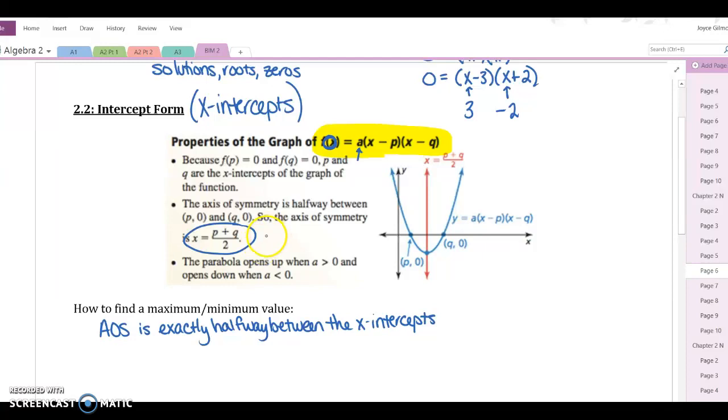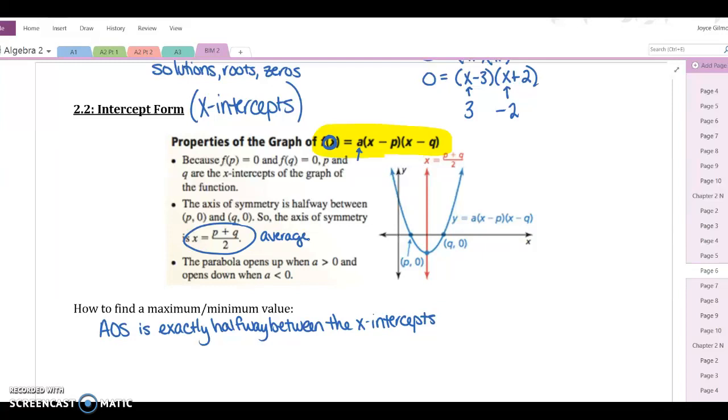That formula is really just finding the average of the two x-intercepts. Add the two numbers together and divide by the number of numbers. So you could do p plus q, figure out what that is, and divide by 2. The more common method is put a finger on each x-intercept and then count in until your fingers meet.